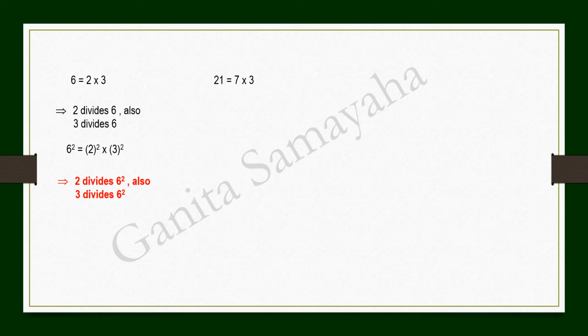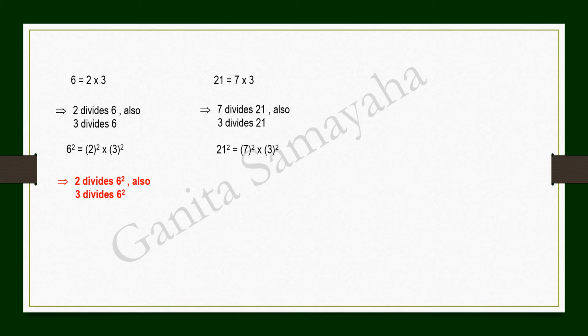Let us take another example. Say 21 equal to 7 into 3. So what does this indicate? 7 divides 21 and 3 also divides 21. That is the meaning of this. 21 equal to 7 into 3. Now what about 21 squared is equal to 7 squared into 3 squared?